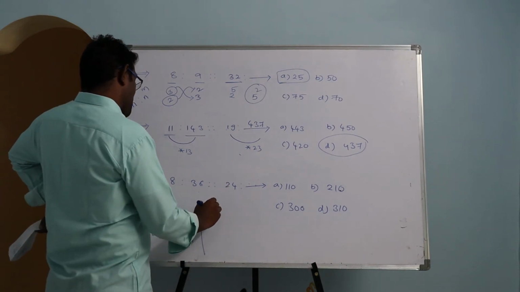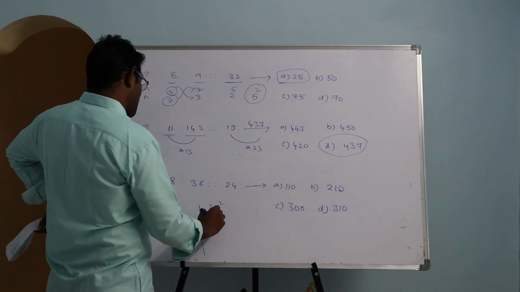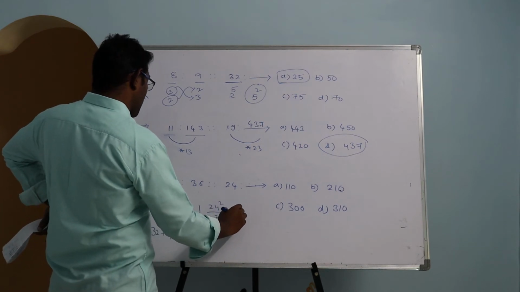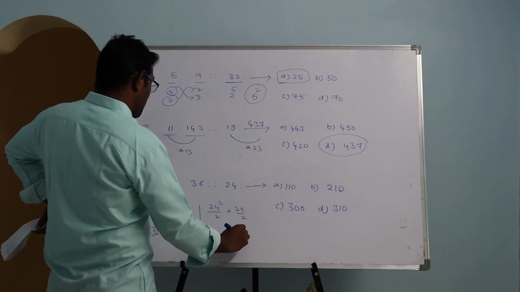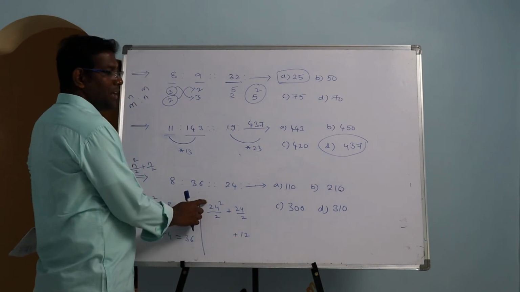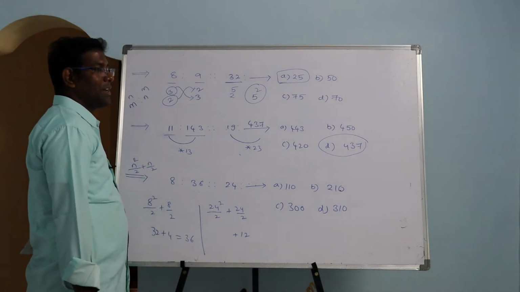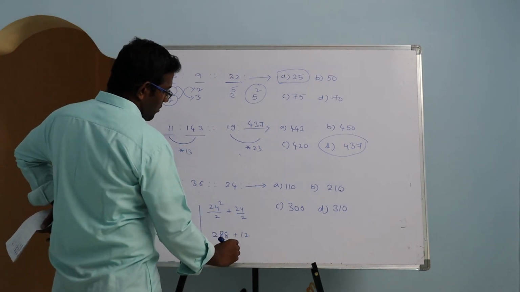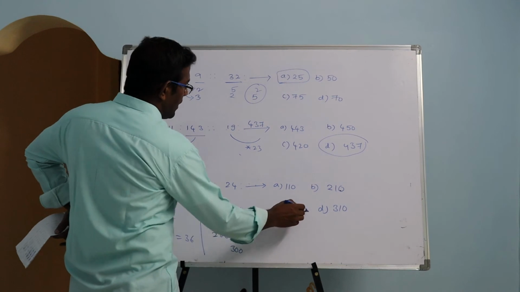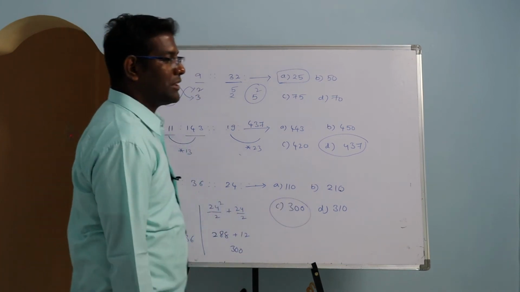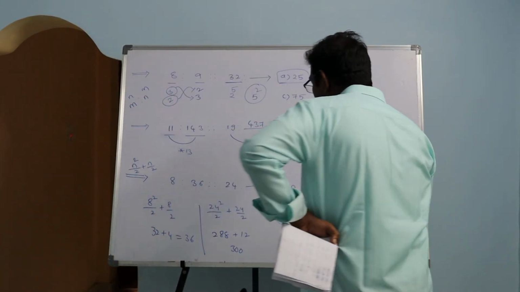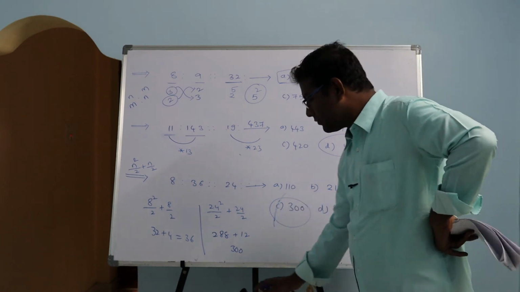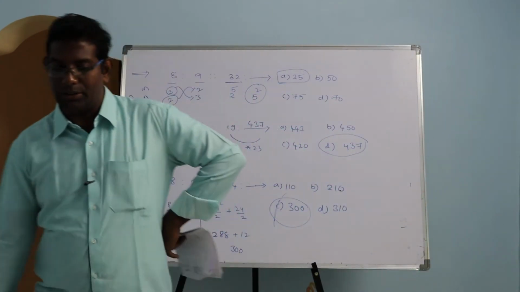In the same way, 24 square by 2 plus 24 by 2. 24 by 2 means 12. 24 square means 576 by 2, 288. Your overall count is 300. 300 belongs to option C.